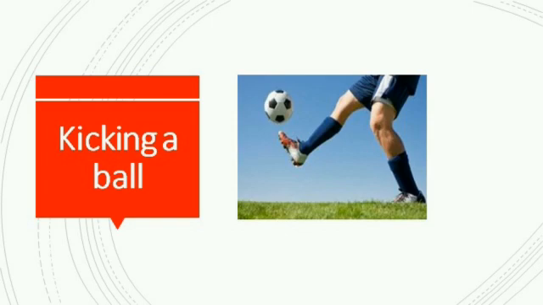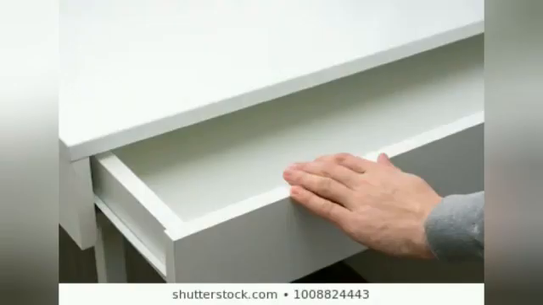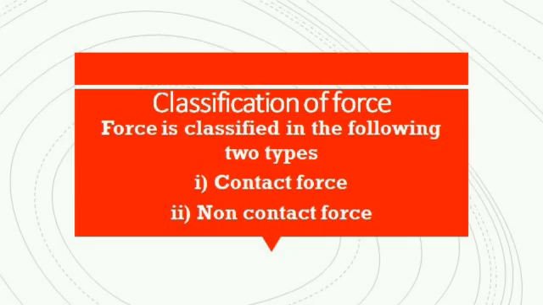When you move your table drawer, you are touching the drawer, so you are in contact. In these cases, contact force is applied. Then what do we mean by contact force?